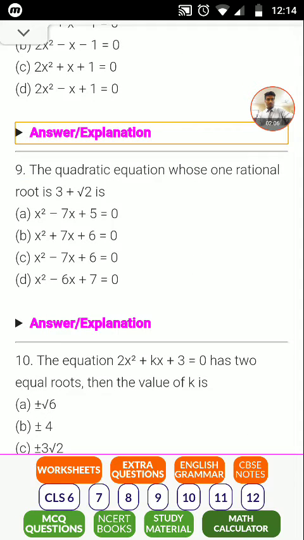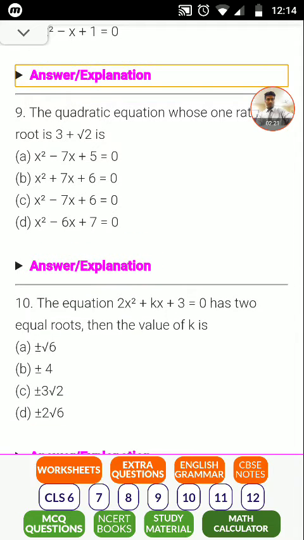Question number 9, the quadratic equation whose one rational root is this, same logic. You apply this x's value in any of the 4 equations and see if the polynomial comes out to be 0. So that will be your root of the equation.